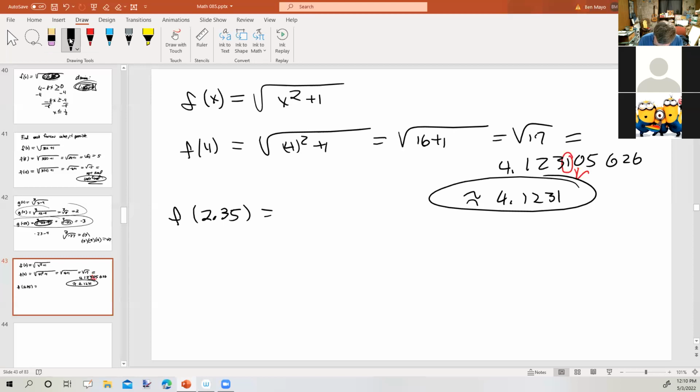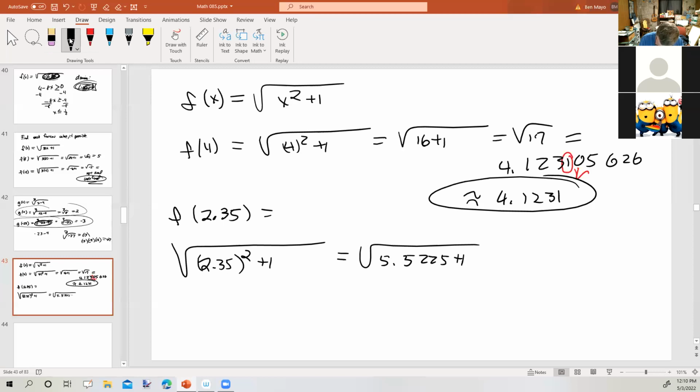F of 2.35 would be the square root of 2.35 squared plus 1. Let's see here. 2.35 squared is 5.5225, plus 1 would be the square root of 6.5225.